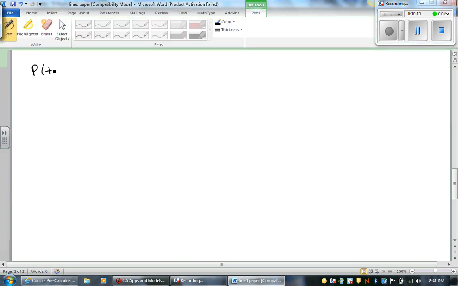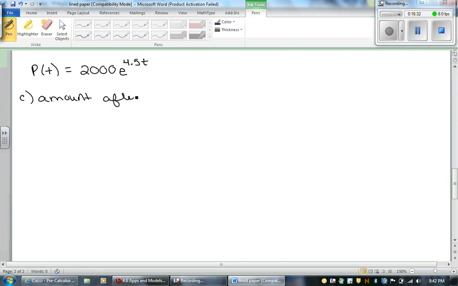We're going to say P of t equals $2,000 times e raised to the k, which is our interest rate, right? 0.045t. So there's our exponential growth function.